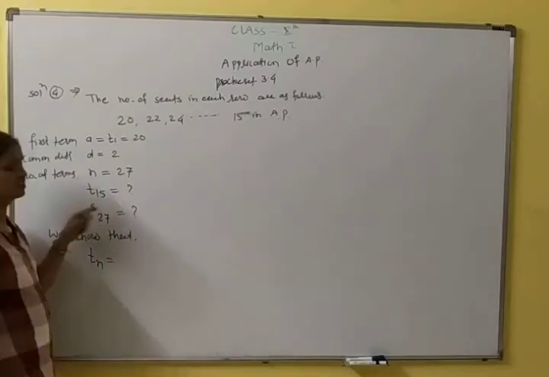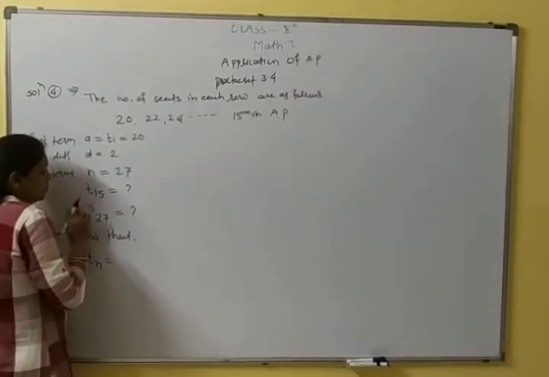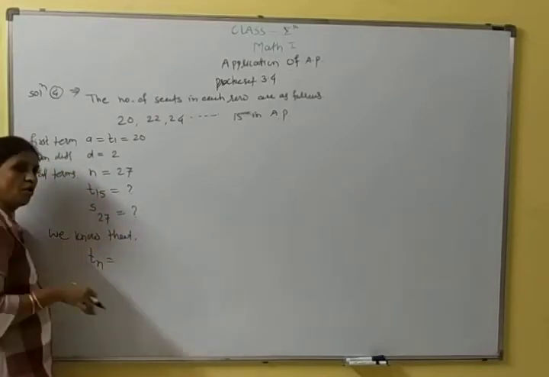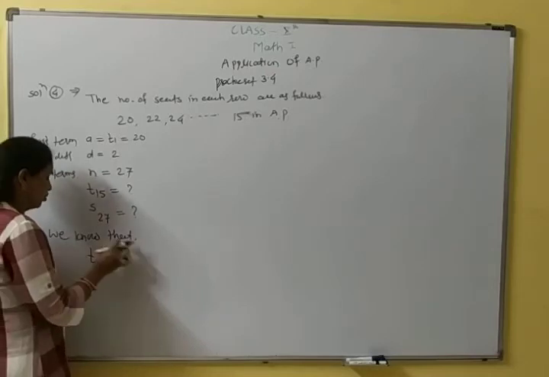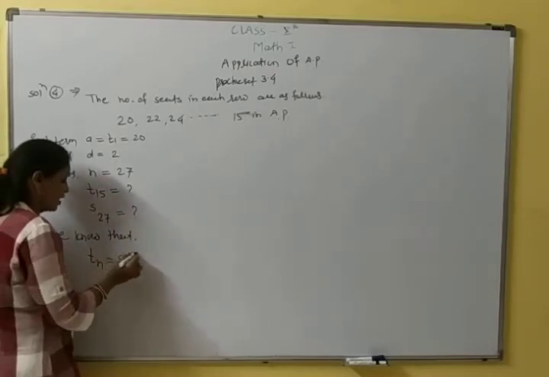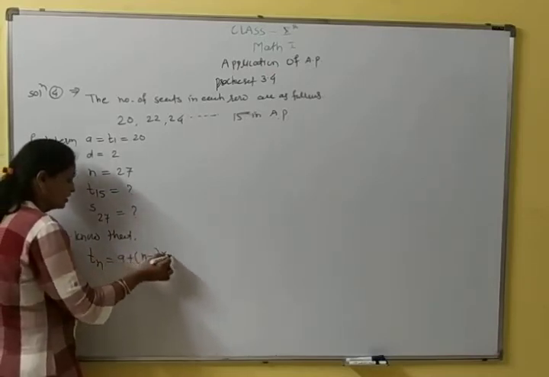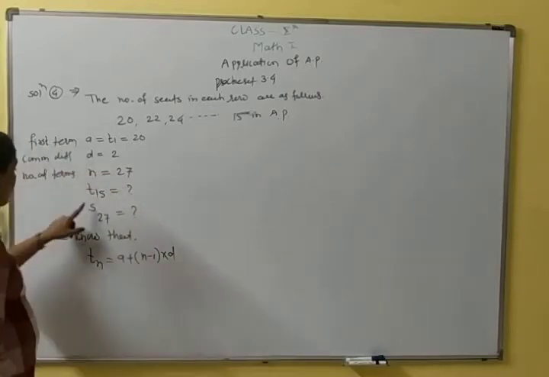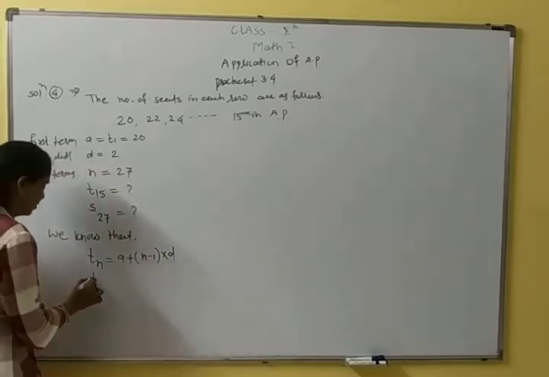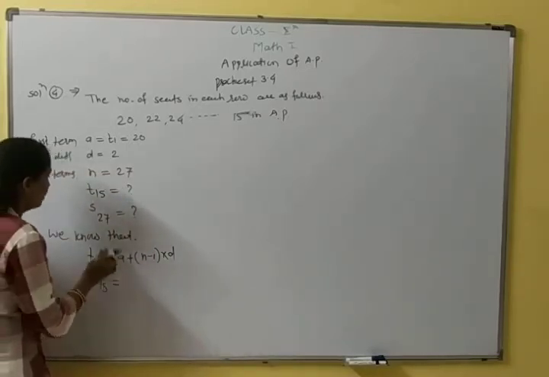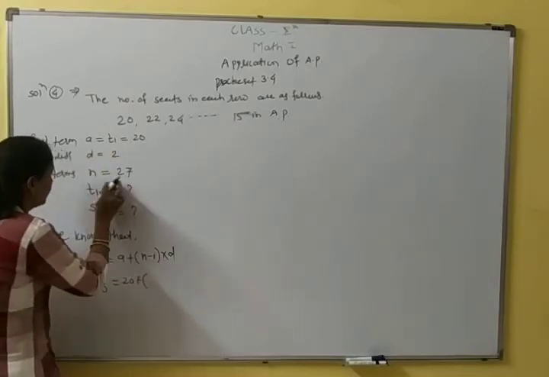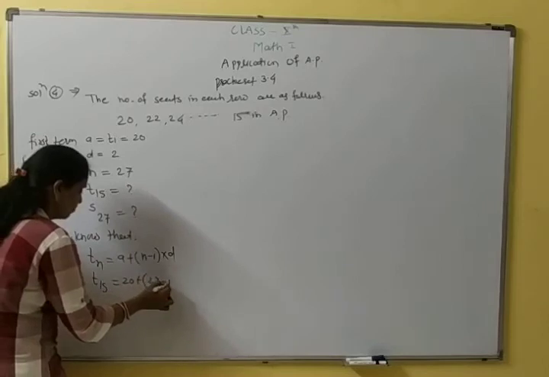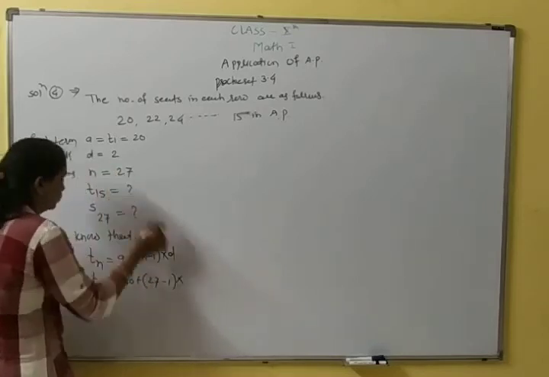T15 means number of seats in the 15th row, and total number of seats in the auditorium, that is 27 rows. Therefore find S27. So we know that Tn equal to a plus n minus 1 into d. Find T15. So write down here n equal to 15, a is 20 plus 15 minus 1 and d is 2.